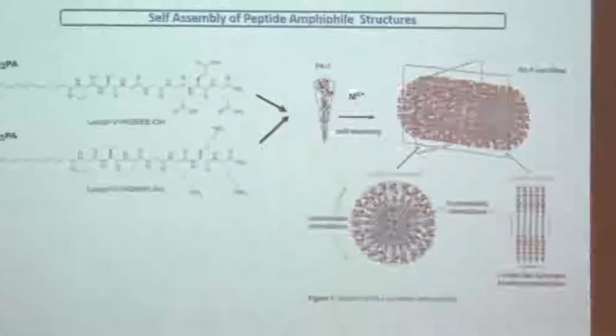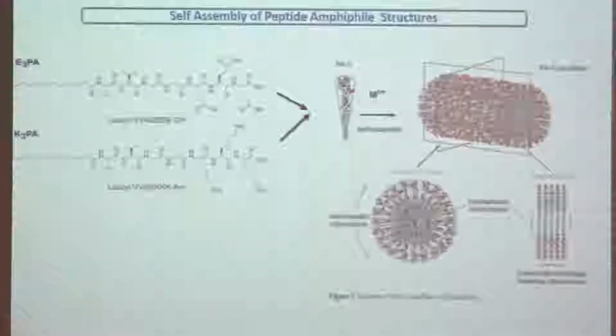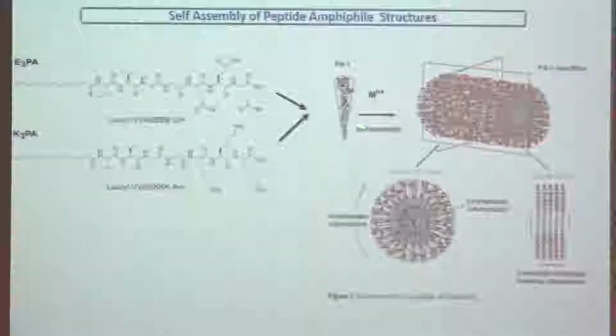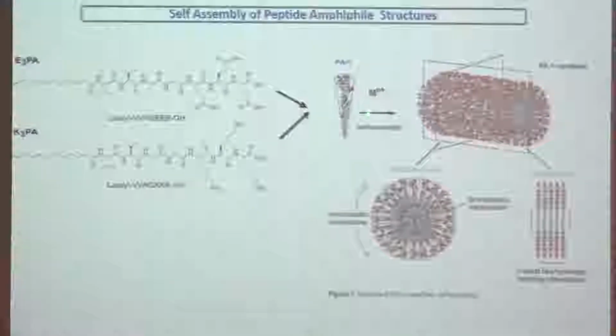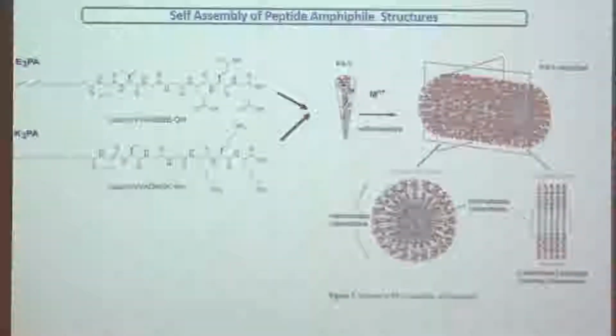But between these hydrophilic, or ionizable, parts, since there is a multivalent cation here, it's going to screen the electrostatic forces, and when they are screened, they come together.